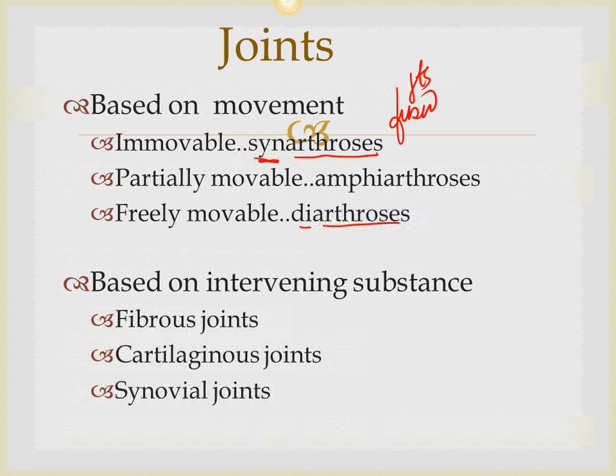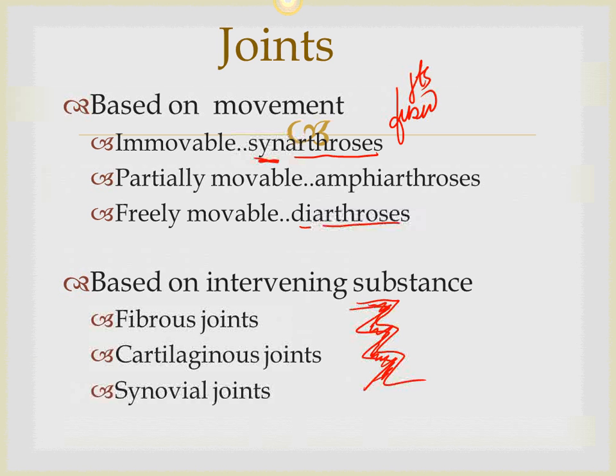Now based on intervening substance, so what kind of tissue intervenes between the two bones, we classify them in three ways. If fibrous tissue is present between the bones, if there are two bones like this, and there's fibrous tissue present in between them, such a joint is called a fibrous joint.